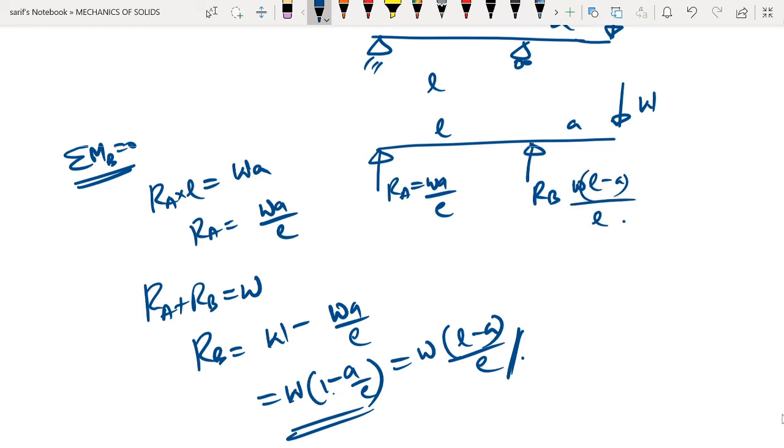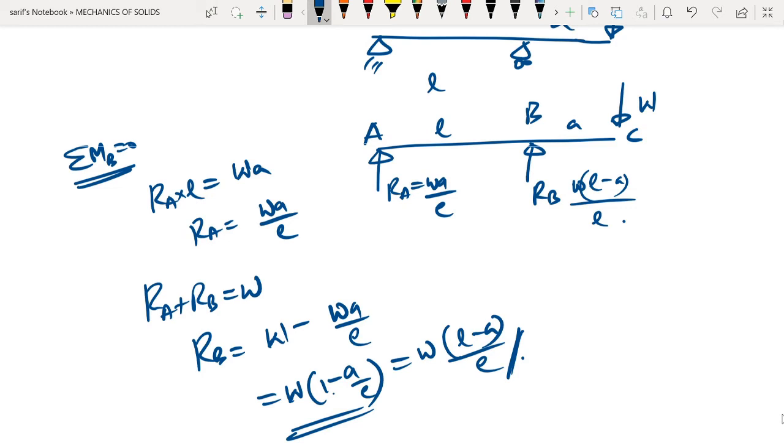So we have the expressions for RA as well as RB. Now we need to draw the shear force and bending moment diagram for this beam. Again, if we look, there are three concentrated loads in this particular figure. That means the entire beam can be divided into two regions of uniform loading.